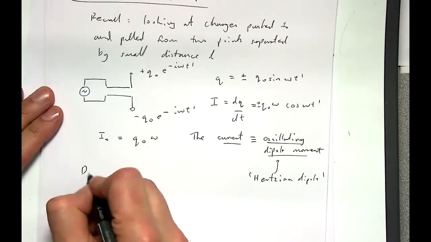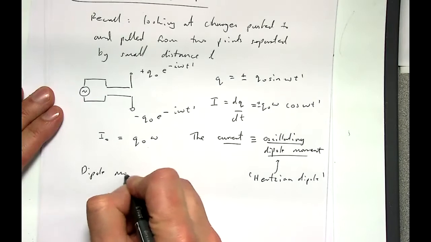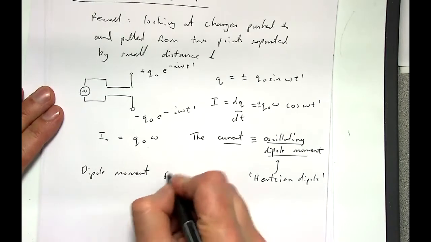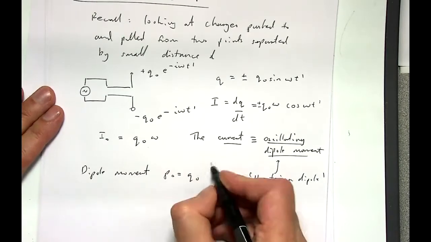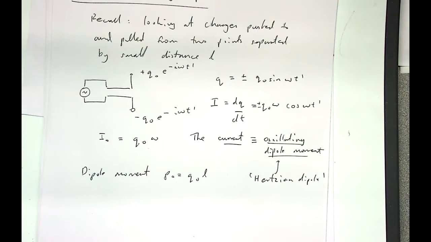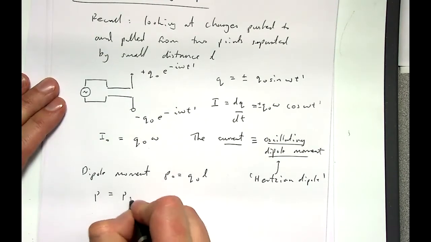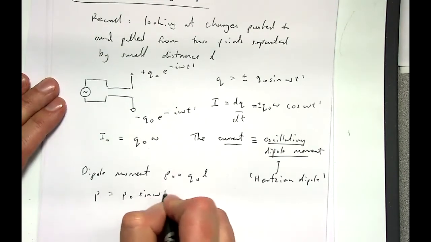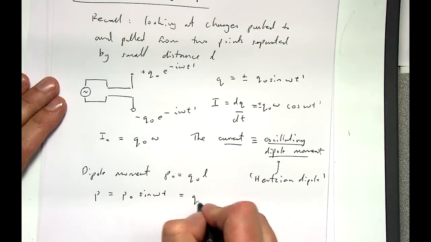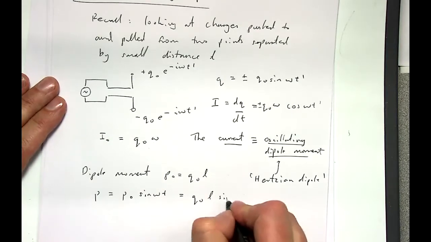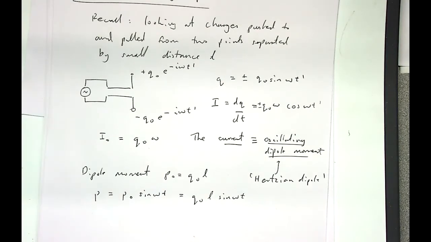So we can write down a dipole moment. P0 is simply equal to Q0 times whatever the distance over which those charges are moving is. So again, by writing it this way, we can say that the dipole moment as a function of time is equal to P0 sine omega t, which is equal to Q0 L sine omega t. Same meaning.